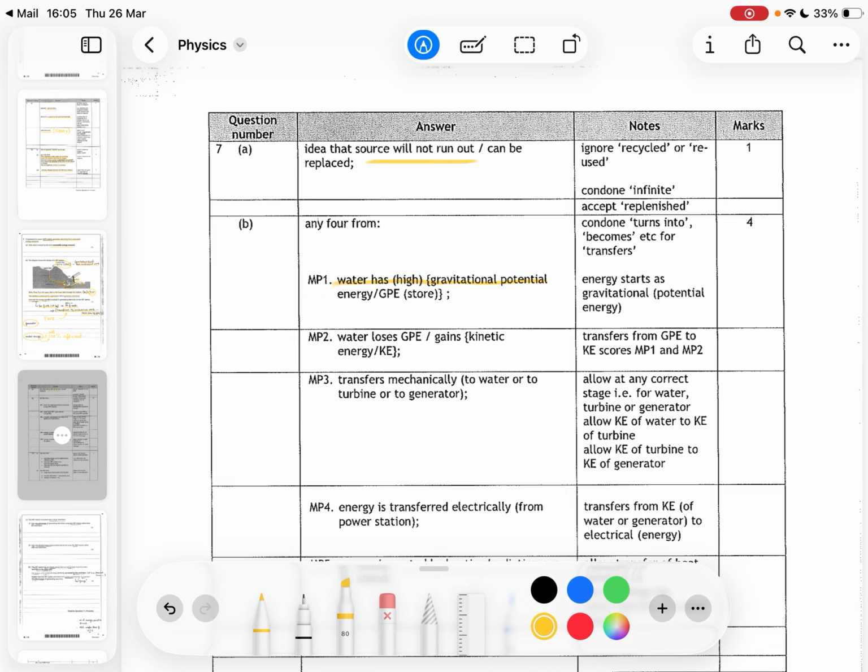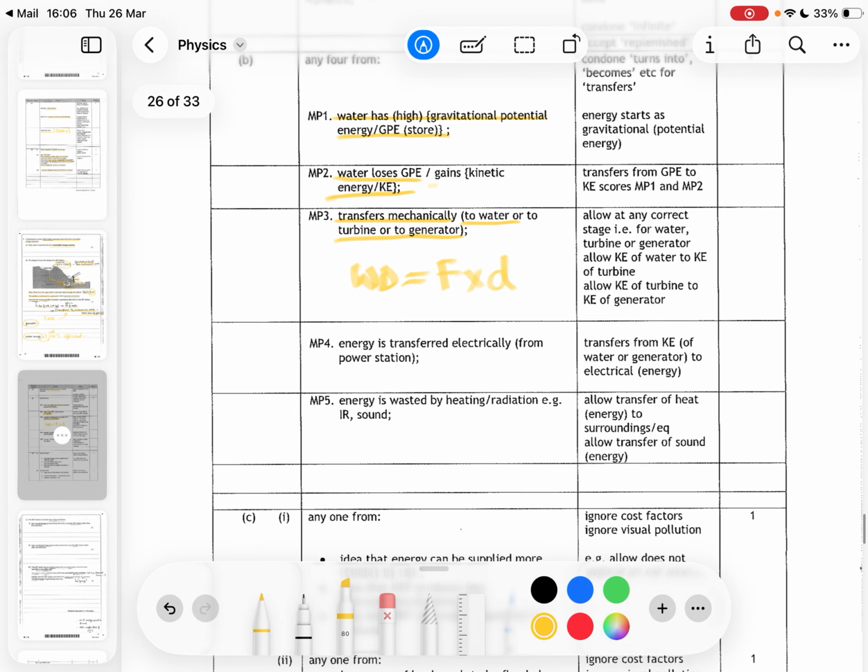Water has gravitational potential energy. Yeah? Water loses gravitational potential energy and gains kinetic energy. We got that. And it transfers mechanically, either to the water itself, or the turbine, or the generator. This is all physical work done. And remember, work done from an earlier question is force times the movement. In this case, it will be circular movement, which we talked about earlier.